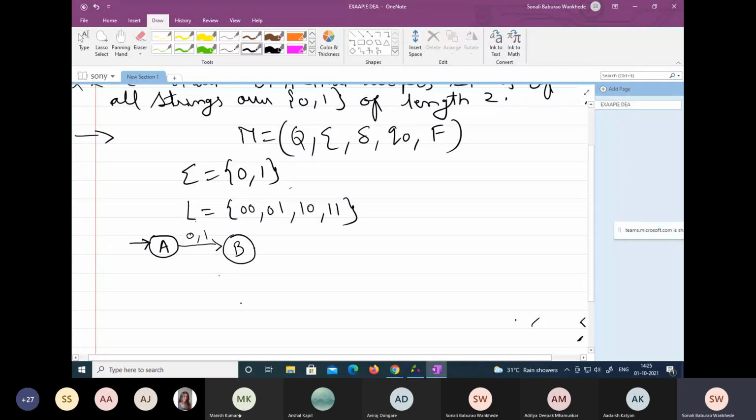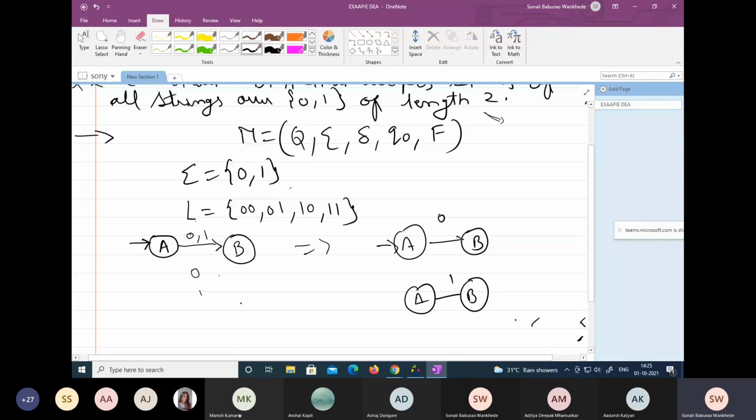Why are we proceeding further? Because as per the definition, we are more interested in the length 2. But here, if I'm transmitting either 0 or 1, it means what? This is actually A1, this is actually A0, or it can be 1, like this.